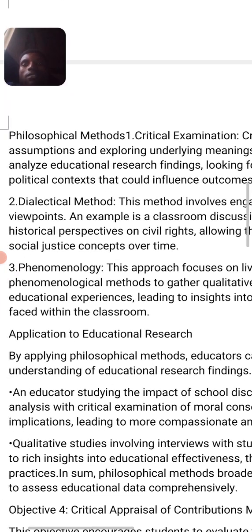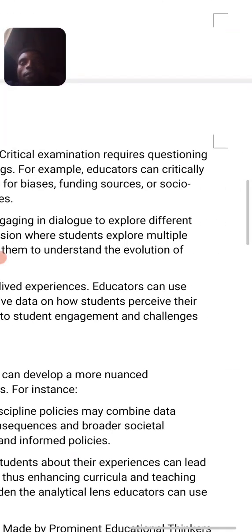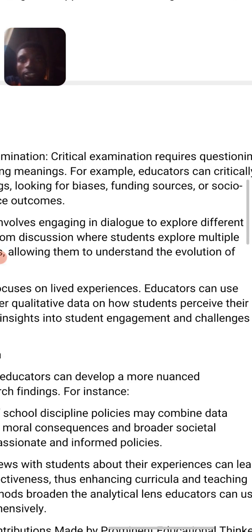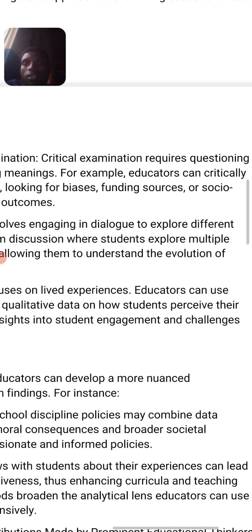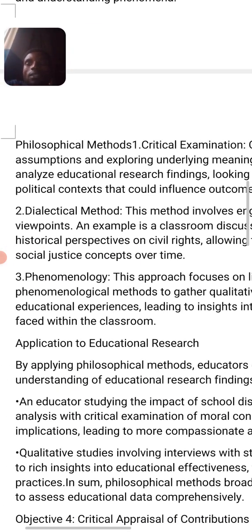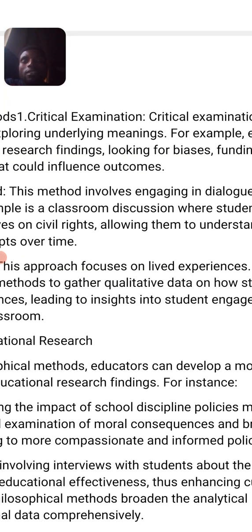So, philosophical method one is critical examination. Critical examination requires questioning assumptions and exploring underlying meaning.